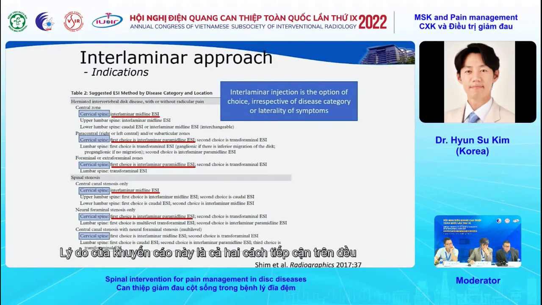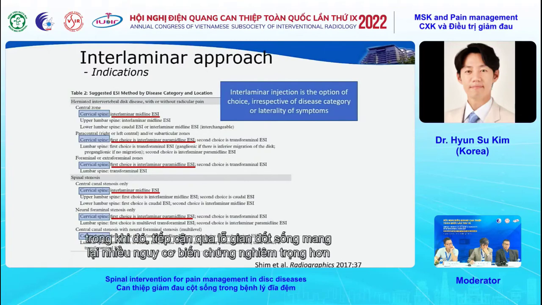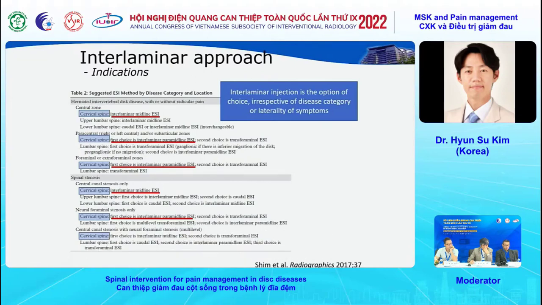The main reason is that both approaches demonstrate similar clinical improvement, while there is a potential risk of a serious vascular complication in transforaminal injection.